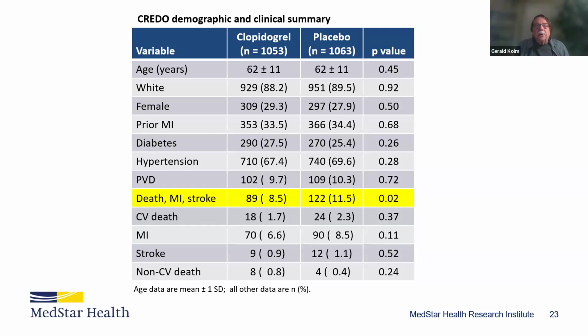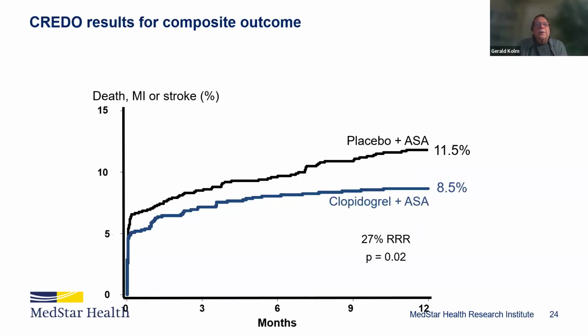So in terms of analyzing these data, this is the cumulative hazard that was published in the paper on the composite event. And so you can see that the clopidogrel group has an absolute 3% difference in the rate of the composite outcome.